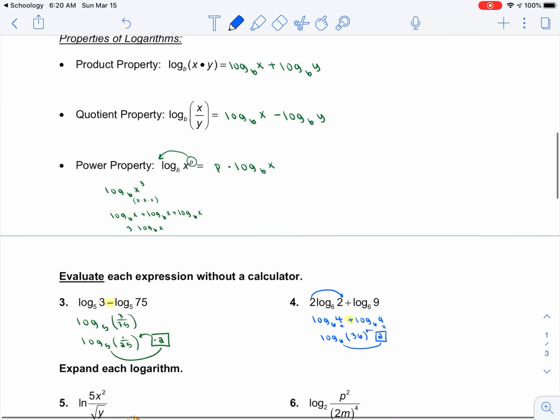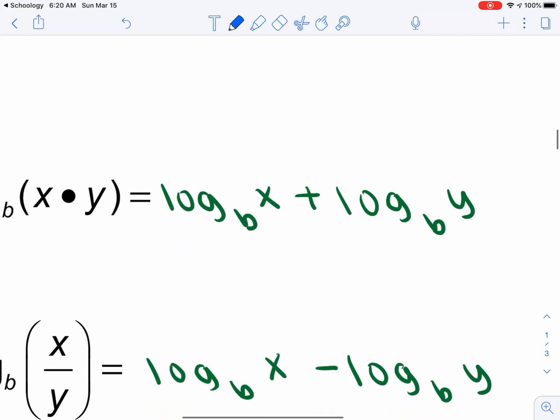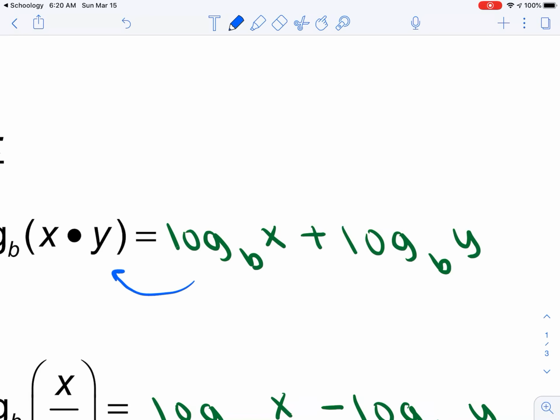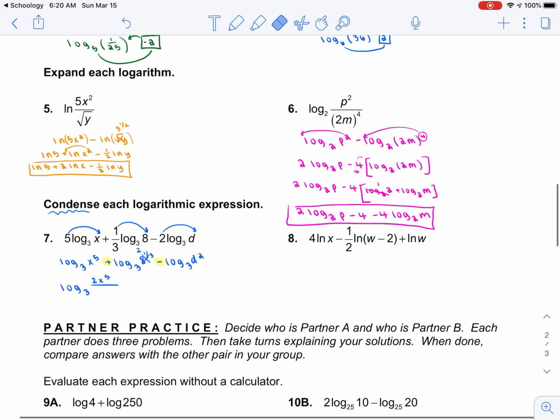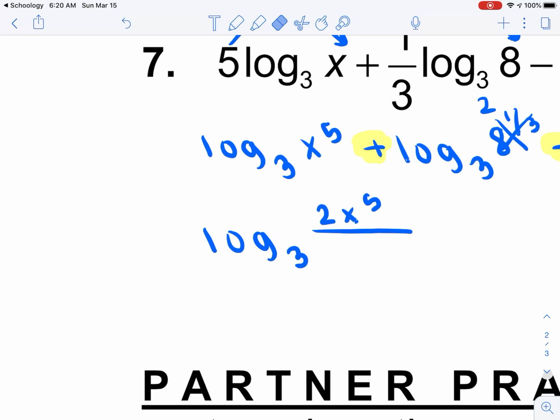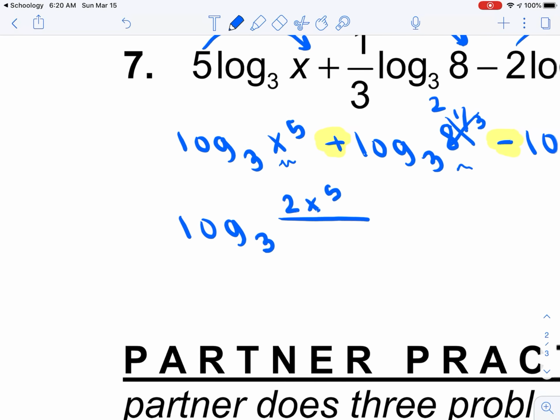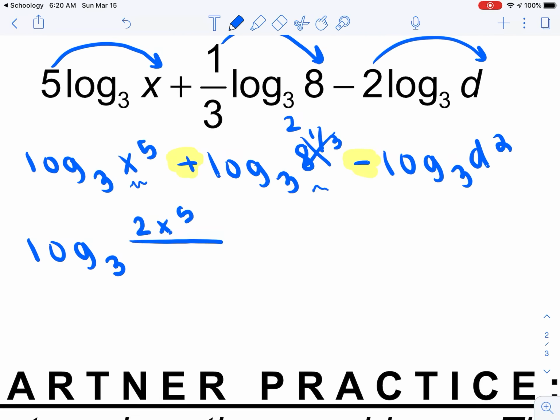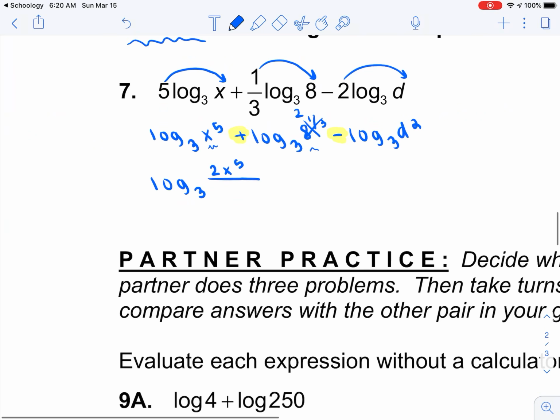If you think about it, we're taking something that looks like this, and we're working backwards to get it to look like that. So these two logs, I can make a product of this and this. But because this follows a minus sign, I need to take that d squared and put it in the denominator. And then we're done.